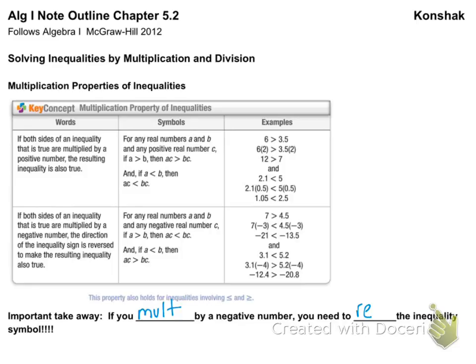Reverse. Sometimes I'll even say flip. To reverse or flip the inequality symbol. So instead of saying greater than or equal to, it now becomes less than or equal to. Not that big of a deal, right? The biggest thing is not to forget to do that.